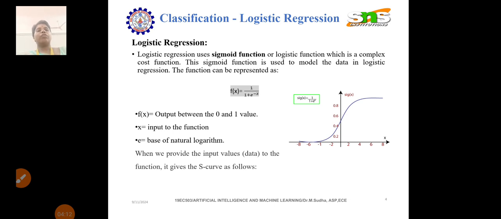Here f of x is the output between 0 and 1, x is the input to the function, and e is the base of the natural logarithm. When we feed the input value as data, that is 0 and 1, the function gives the S curve as follows.